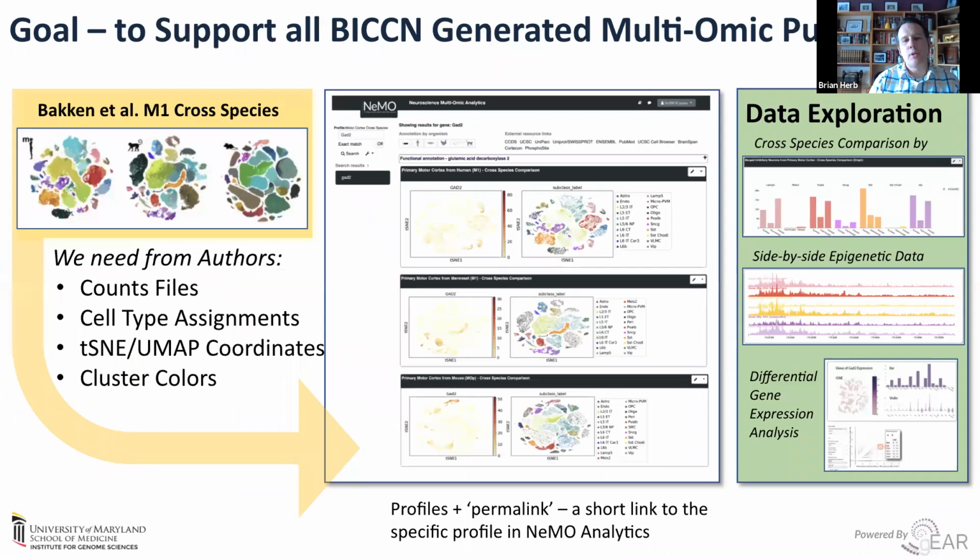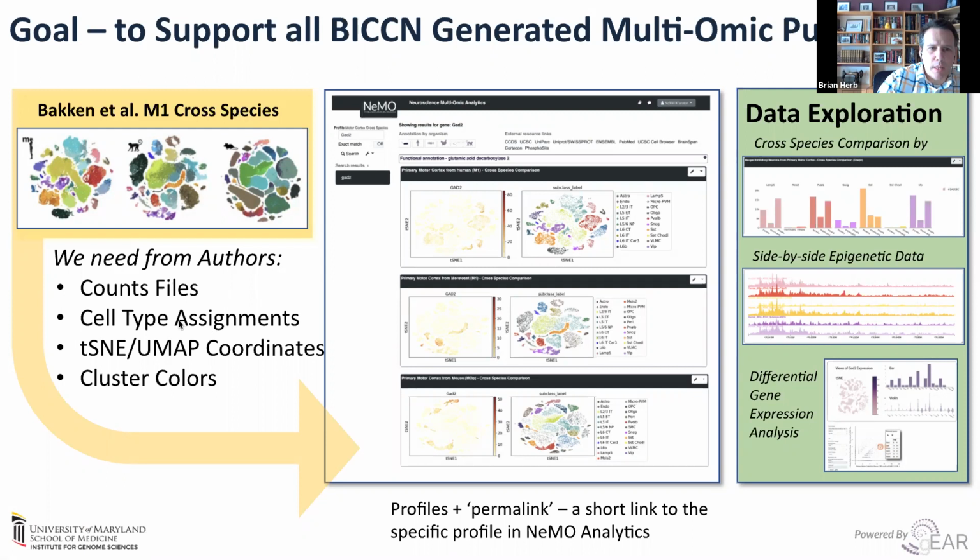All right, so again, if you're interested in supporting your paper on NeMO Analytics, there's only a few things that we need. It's simply the counts files. If you have cell type metadata, this is something that's obviously very useful for NeMO Analytics. Going back to Owen's point about building this ecosystem, this is also something that we're trying to integrate into the archive as well, making that metadata available to everyone.